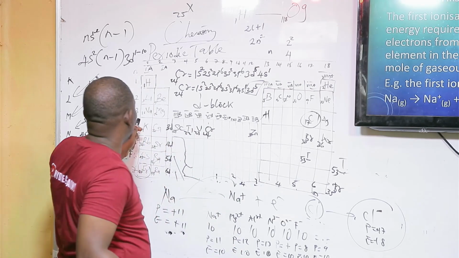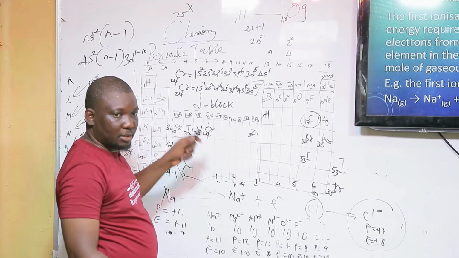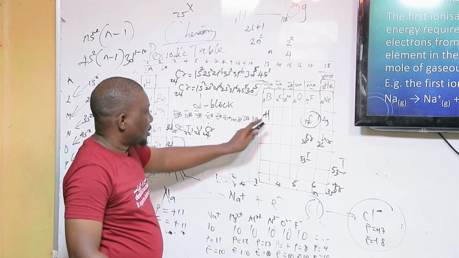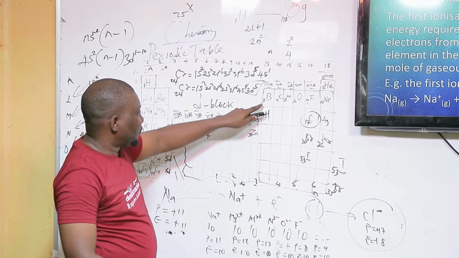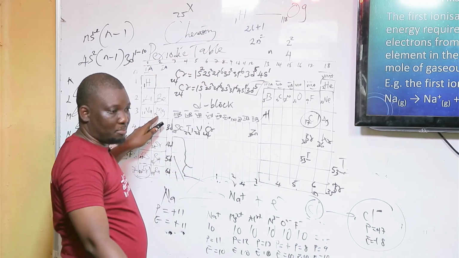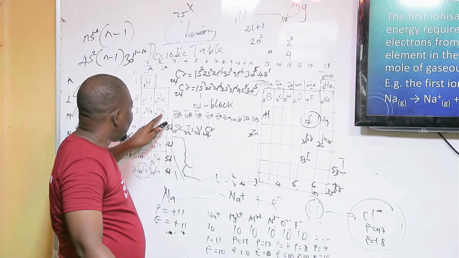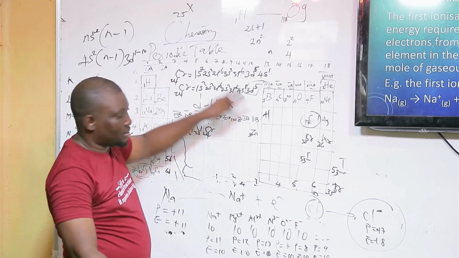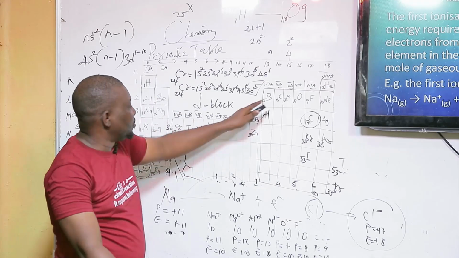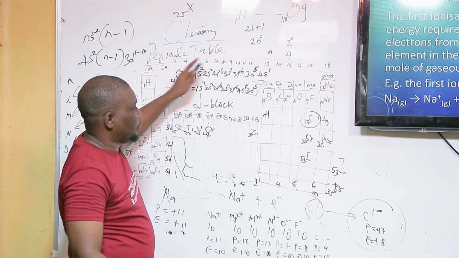But there are some anomalies, some discrepancies, just between these. Normally, the ionization energy of aluminium should be greater than that of magnesium. But no, rather, the energy of magnesium is greater than that of aluminium. The same thing happens between beryllium and boron. The energy of beryllium is higher than boron.